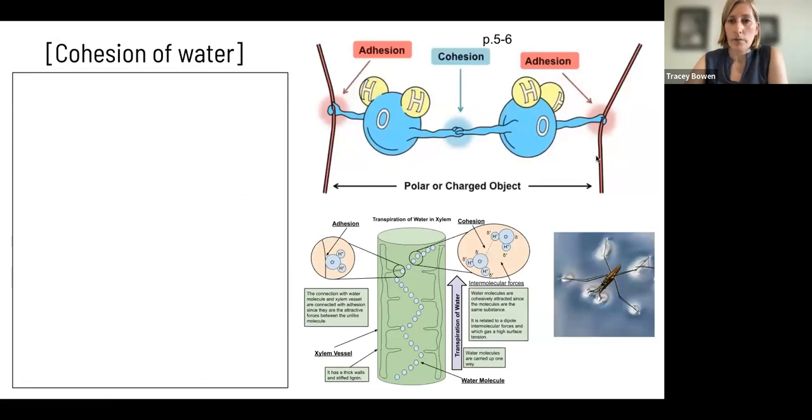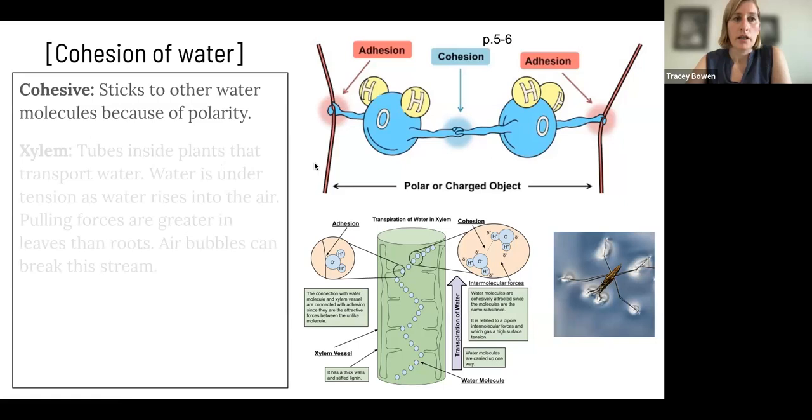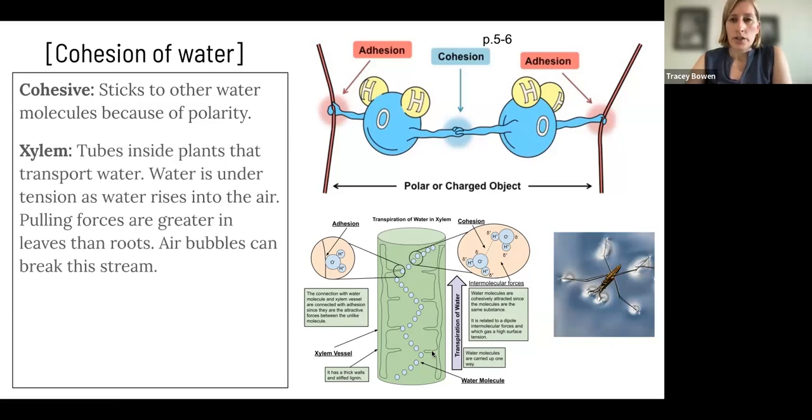Water has a few different properties that are a byproduct of it being polar. So cohesion is one of those things. Cohesion is water sticking to other water molecules, and that's through the process of hydrogen bonding. In xylem, which is the tube that carries water in plants, water is going to be under tension as it rises into the air, and it's going to create those hydrogen bonds between the water molecules, holding the water column together that allows it to rise up the xylem.